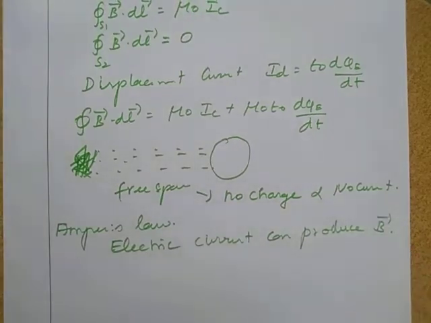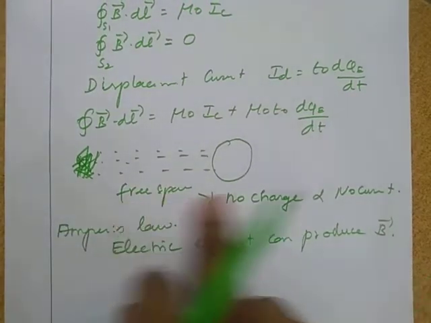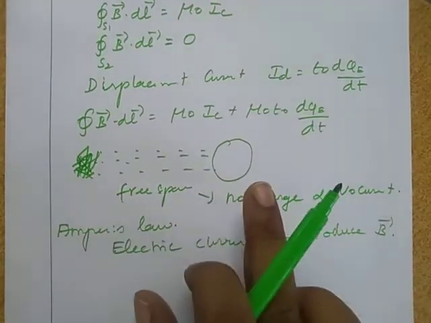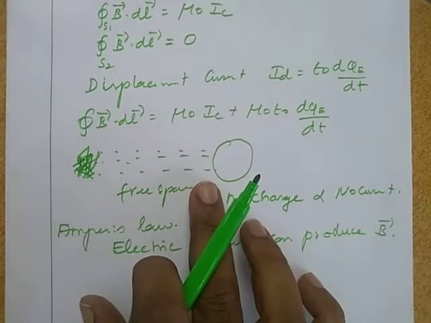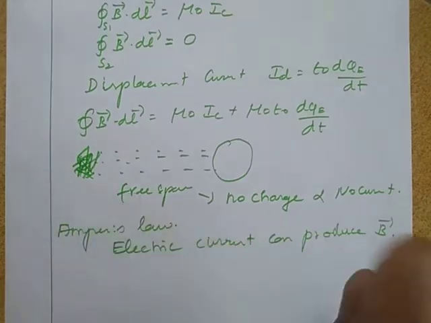This is Ampere law. If Ampere law alone were true, there would not be any radiation reaching our earth. We could not receive any radiation from free space, that means from stars, the sun or any celestial objects.